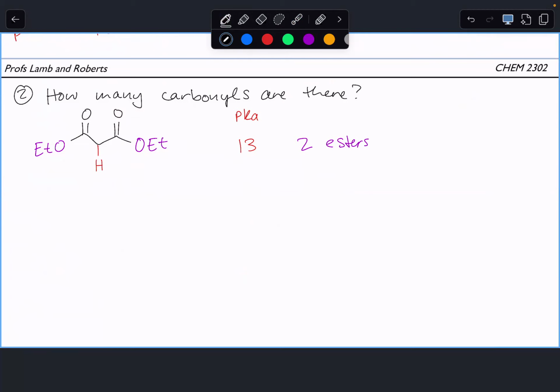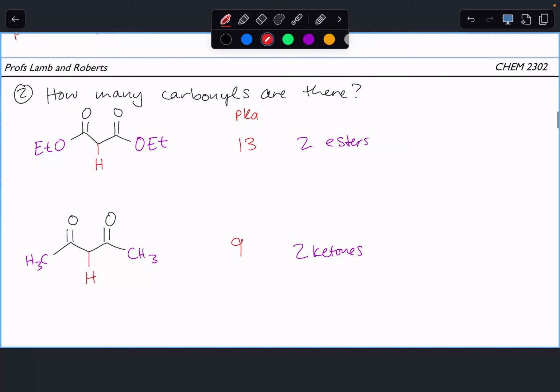So if we compare 2 esters to 2 ketones, so again, that proton is alpha to each of the carbonyls. We've got 2 ketones. That should be even lower, which it is. The pKa of this is 9.